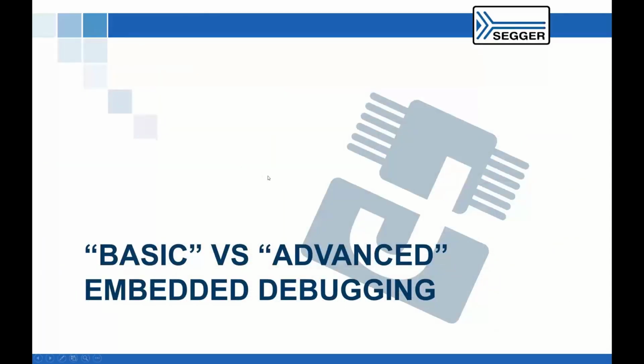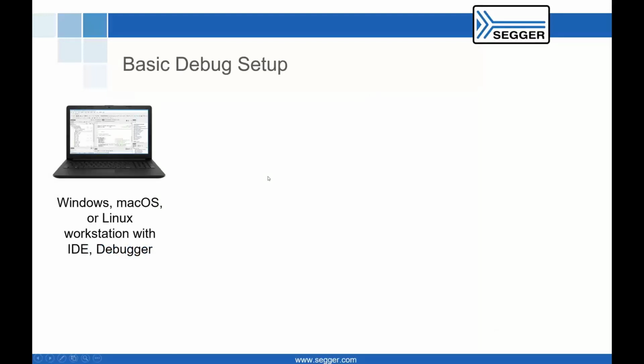So, basic versus advanced embedded debugging. If we look at a typical basic debug setup, you usually have some computer or workstation with your favorite OS on it, either Windows, Mac, or Linux, and maybe you use the command line, but maybe you have an IDE and a debugger running on it.